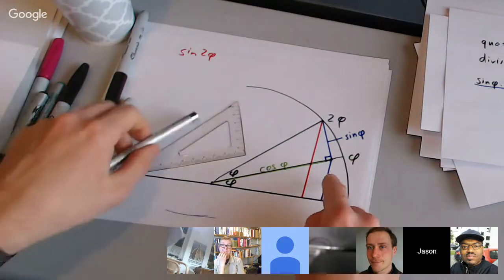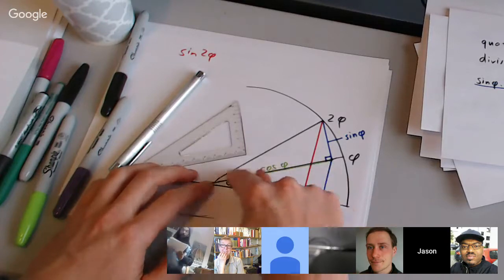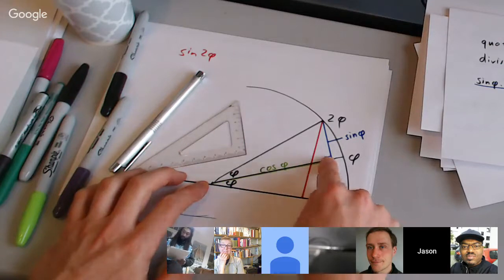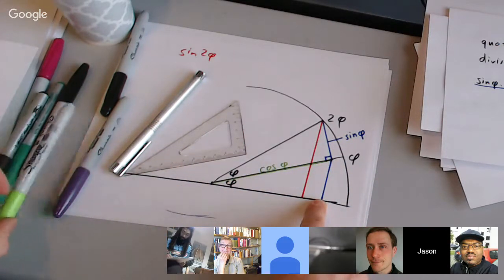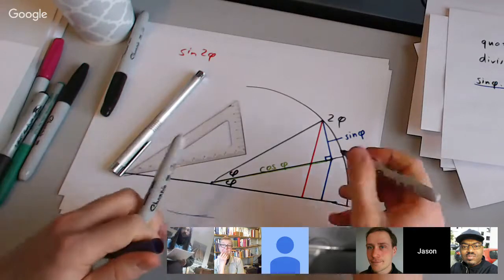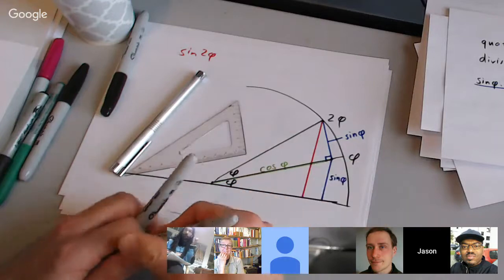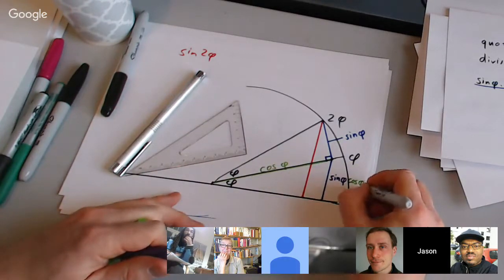Exactly right. Because on the triangle where the hypotenuse isn't the full radius of the circle, but is the shorter length of cosine phi, on that triangle, it's the sine. So it's the sine phi times cosine phi.